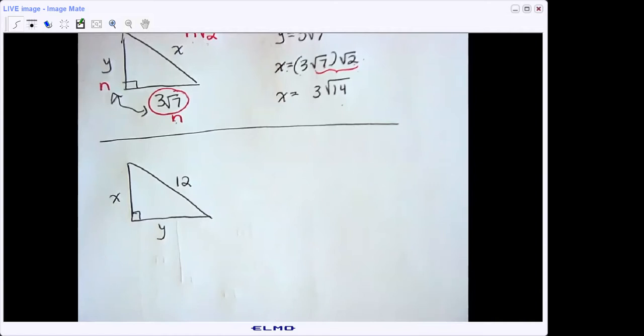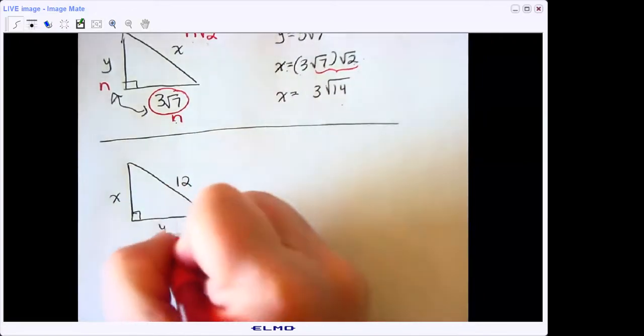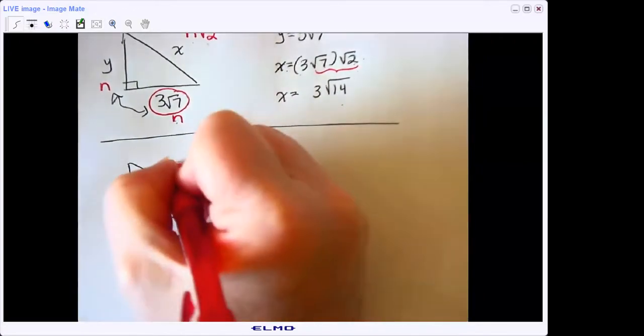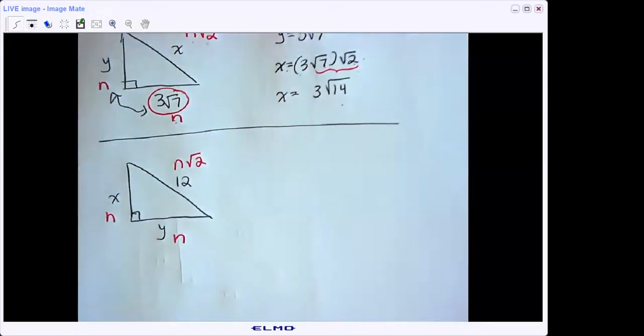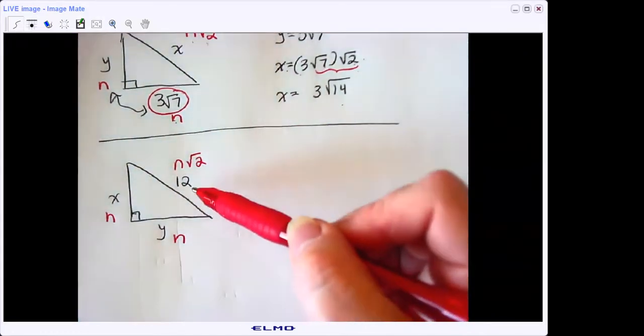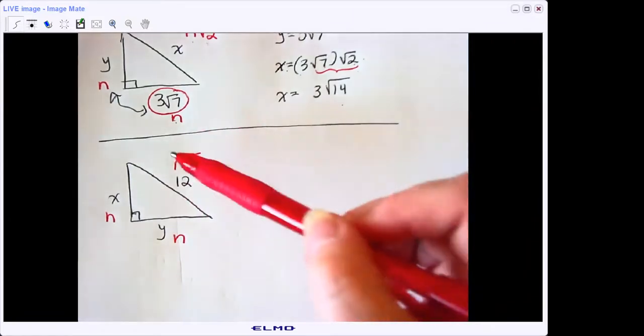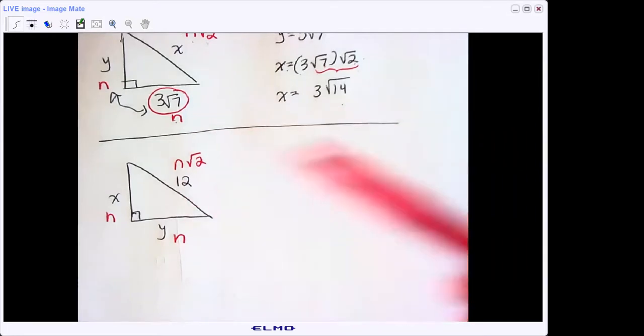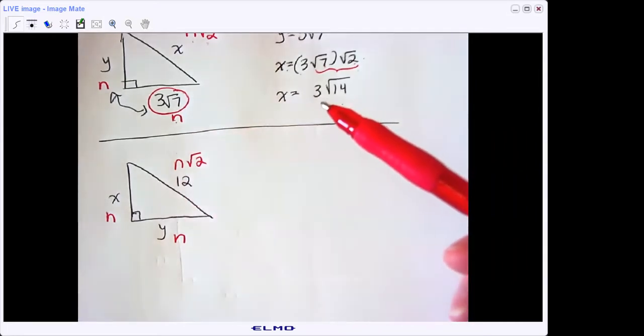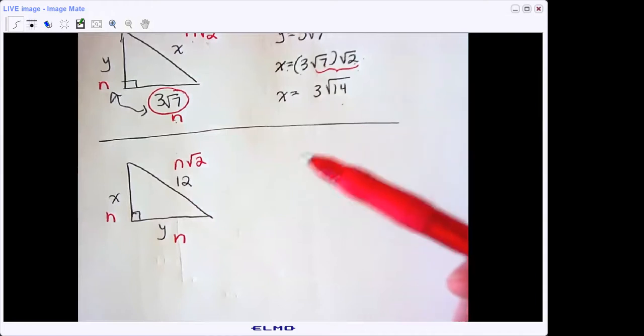The first thing I'm going to do is show you why, and then I'm going to show you the shortcut, because it's easier to remember the shortcut if you remember why it works. So labeling, we have n, and n root 2. So anytime your hypotenuse is something other than a number root 2, if this were 6 root 2 I know my n would be 6. But anytime it's not that, we're going to apply the shortcut.